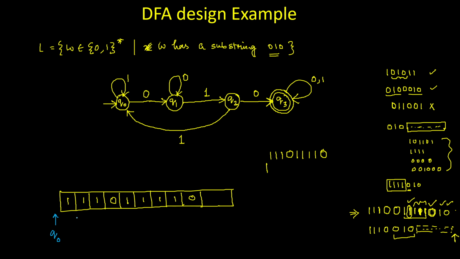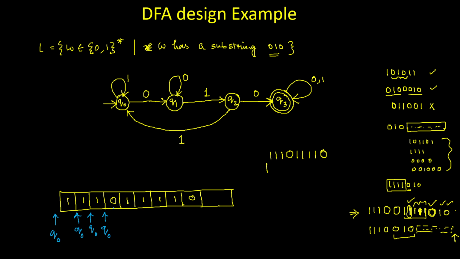So after reading the first 1, it will remain in Q0. After reading the second 1, still the machine will be in Q0. After reading the third 1, still the machine is in state Q0.